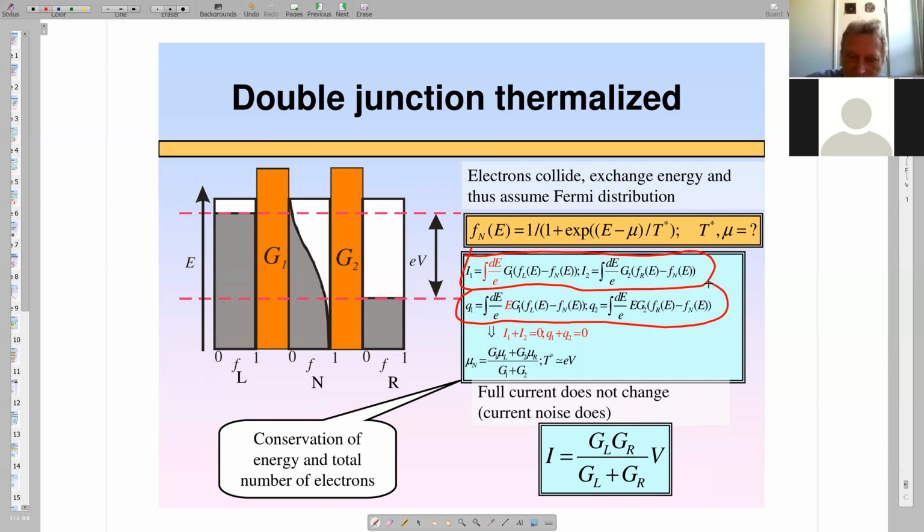And I have two conservation laws. So this gives me two equations to solve for two variables, for chemical potential and for temperature. Good. Chemical potential is a superposition of two chemical potentials, while temperature is usually of the order of the voltage applied. That's why I plotted here a very smooth distribution with the width of the order of the voltage applied.